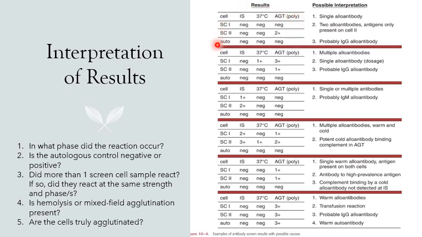So with these reactions, the possible interpretation is there is a single alloantibody or 2 alloantibodies, with antigens only present on cell number 2. So maybe 2 antibodies per present lang dito sa cell number 2, and probably an IgG alloantibody because of the 2+. It is an alloantibody kasi yung autocontrol natin is negative, so walang autoantibody.